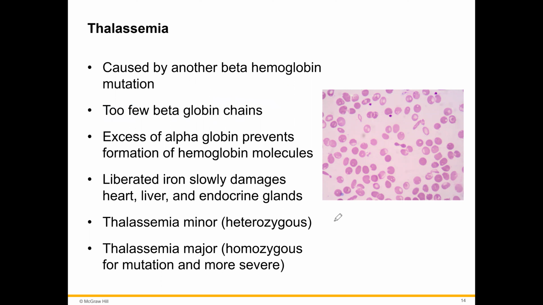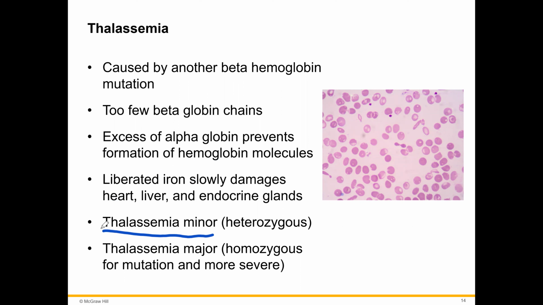Hemoglobin is made of beta globin and alpha globin, so if we don't have enough beta globin, then we have an excess amount of alpha globin. This excess prevents the formation of hemoglobin molecules. Then we have free iron that is not attached to globin that slowly damages the heart, liver, and endocrine glands.